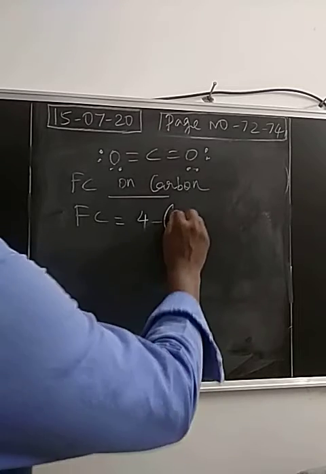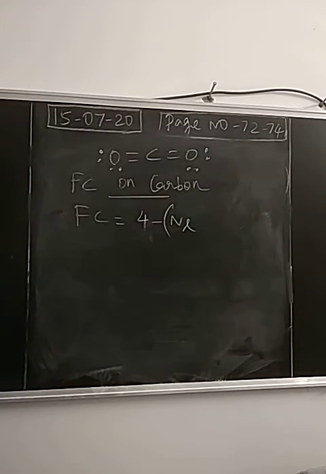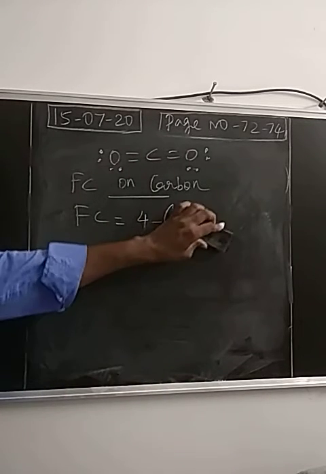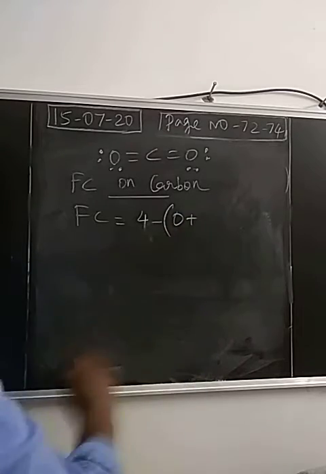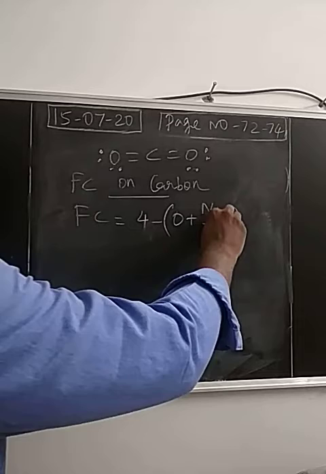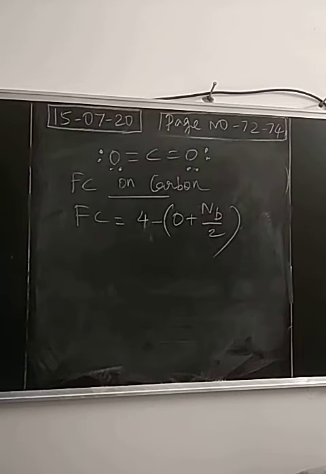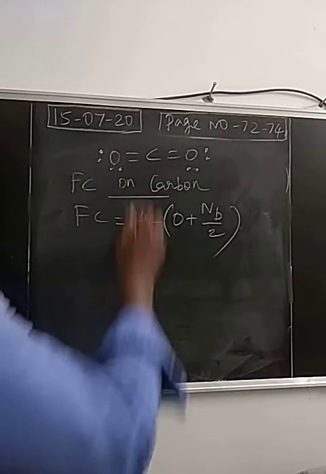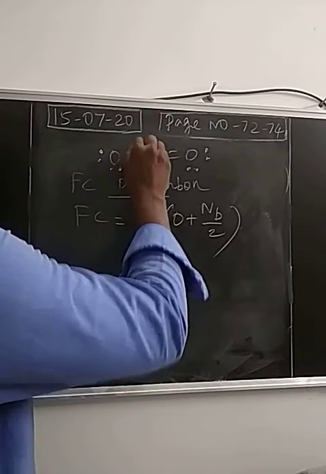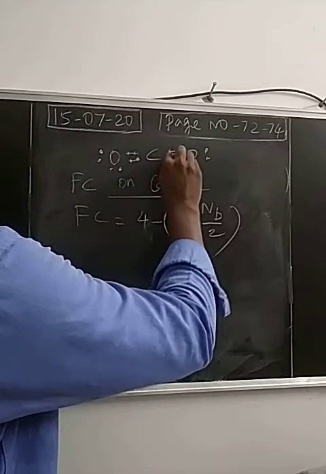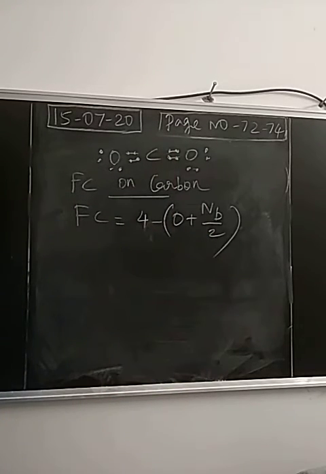Minus NL, the number of electrons present as lone pairs. Around carbon we don't have any lone pair. So NL value is 0, plus NB divided by 2. NB means the number of electrons present as bonded pairs or shared pairs. Around carbon there are 4 covalent bonds, and each covalent bond has 2 electrons.